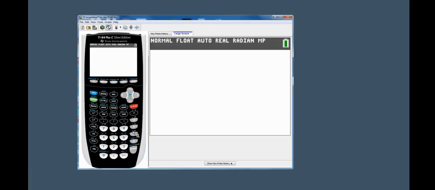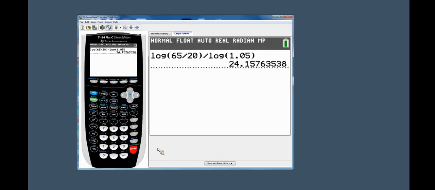Now I'm going to type this in. The log, in parentheses, of 65 over 20. 65 divided by 20. Divided by the log of 1.05. And hit enter.